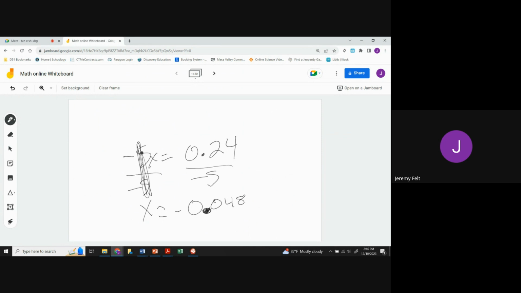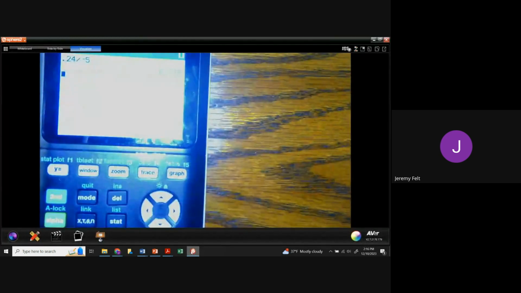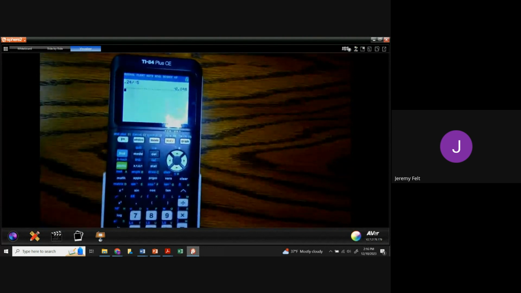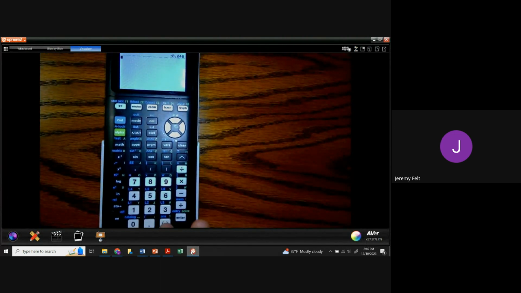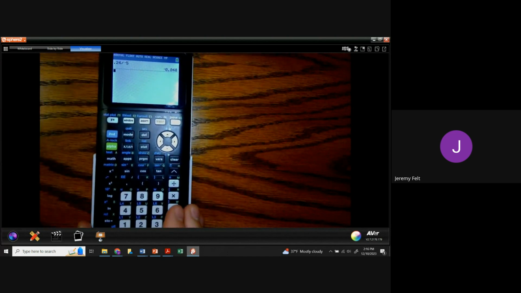Again, if you're doing this in your calculator, just be careful that you use the correct negative sign. So if we're subtracting, we're going to use this one. If we're making a number negative, we want to use this one down here. The calculator just recognizes those differences. If I did 0.24 divided by, and then I use this one accidentally, we get an error message.